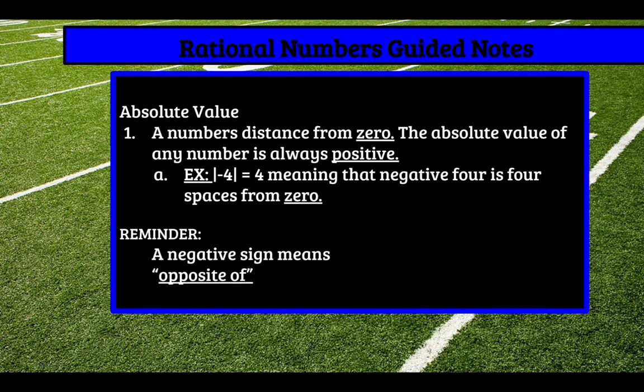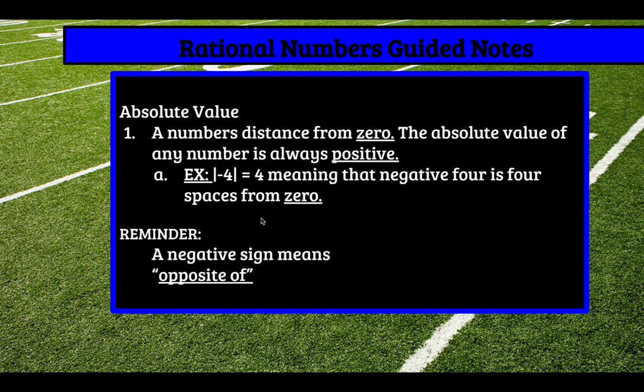The next thing I want to go over is absolute value. Absolute value is the distance from 0 on a number line. The absolute value of any number is always positive. So for example, the absolute value of -4, and those bars mean absolute value, is 4, meaning that -4 is 4 spaces away from 0.